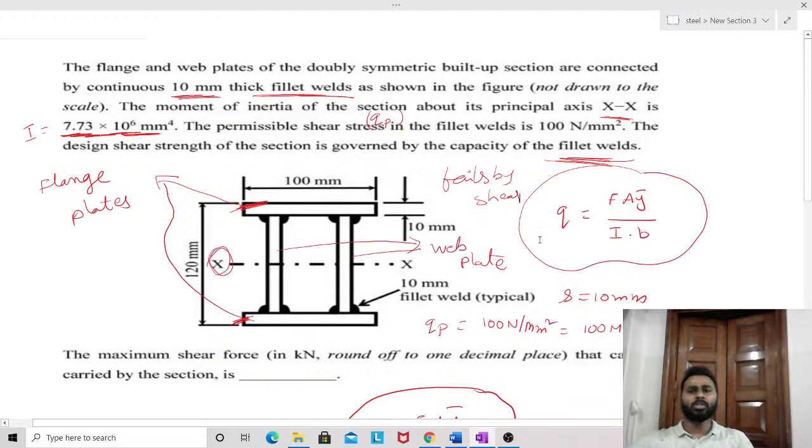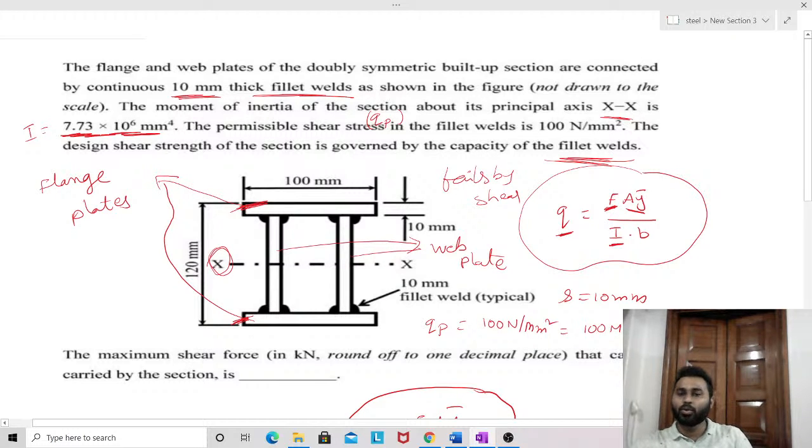Okay. Now what is asked? The maximum shear force in kilonewton that can be carried by the section. It means in this formula he is asking us to find F, and of course Q was mentioned, that is QP, and moment of inertia I was also mentioned.